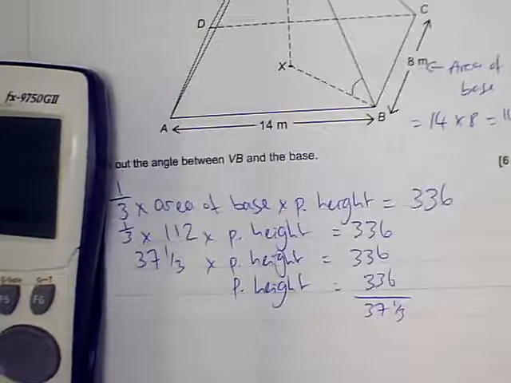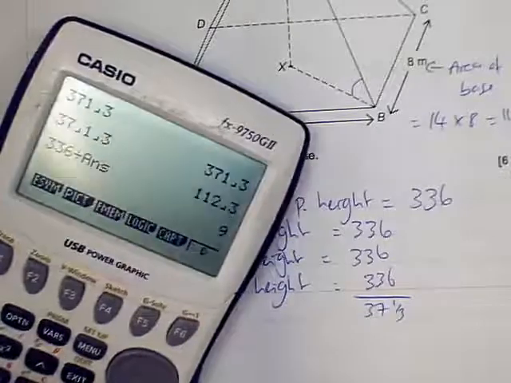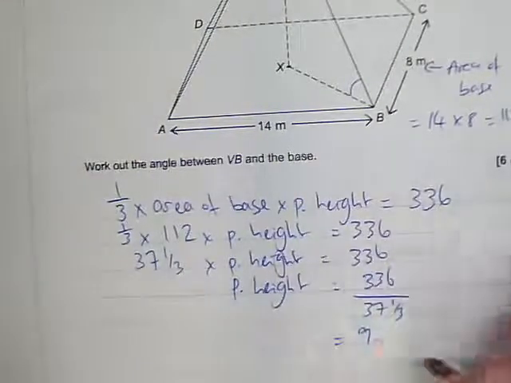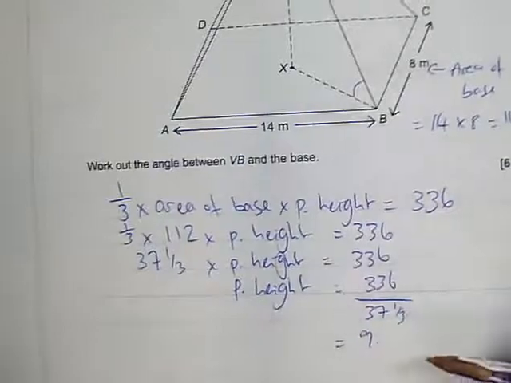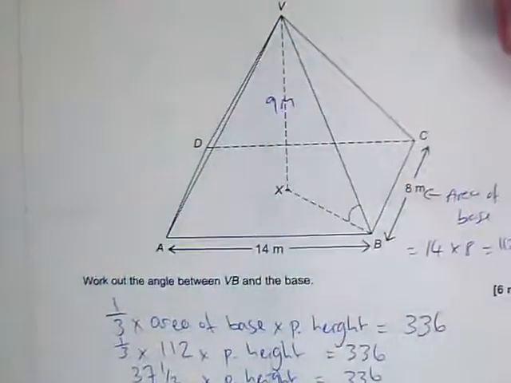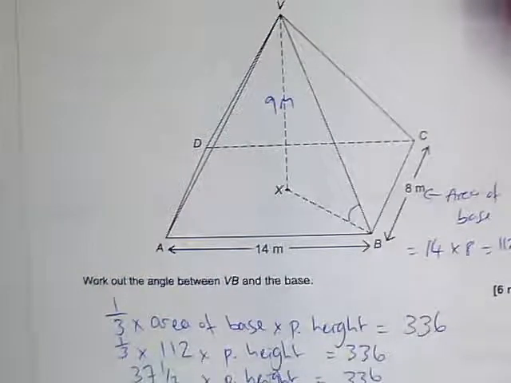Right, I'm now going to type in 336 divided by that by the answer, and that gives me 9. So the perpendicular height equals 9. We're dealing with meters, so we can write 9 meters. So we're getting there with this question.